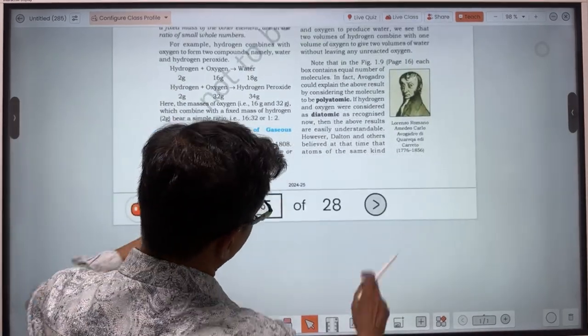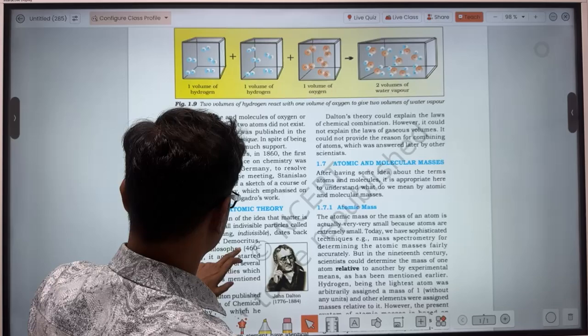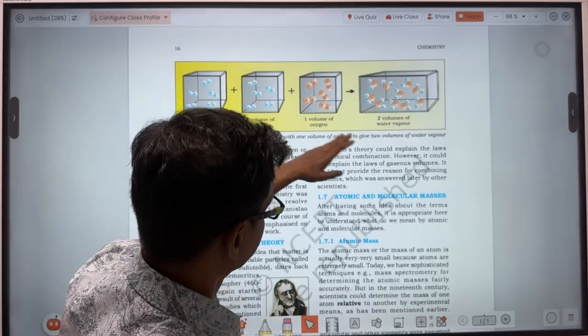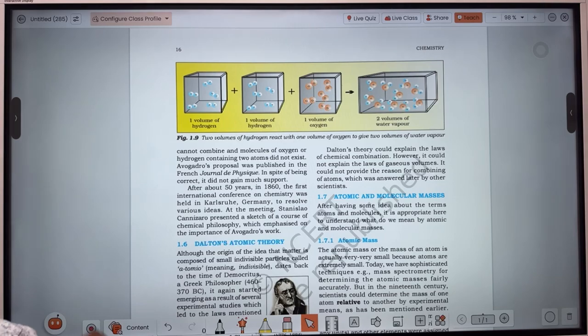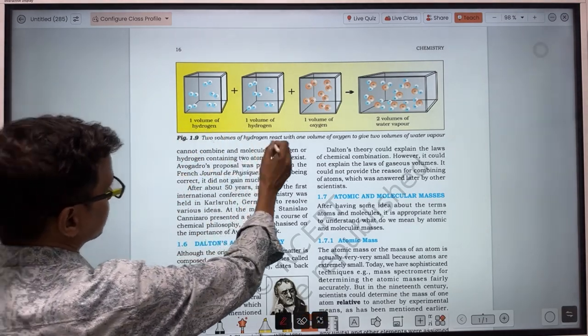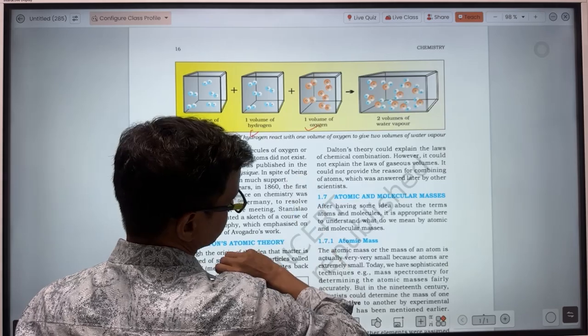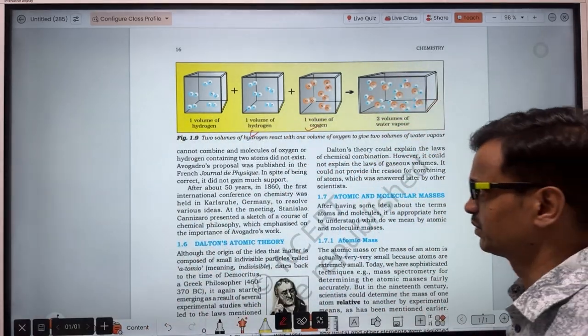Okay guys, during the chemical equation, here the volume of hydrogen is 1, volume of oxygen 1. So here 2 volumes of H2O.